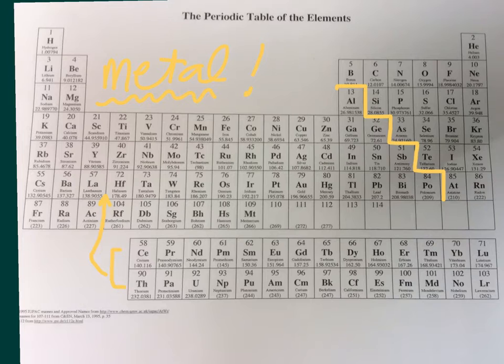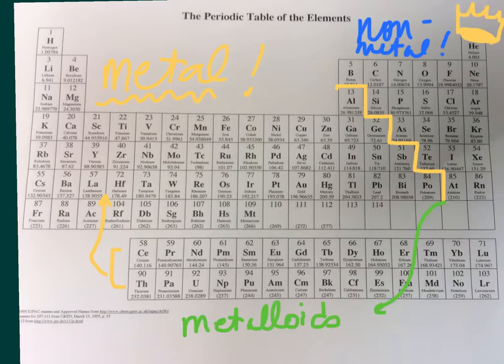And then, when you're done with that side of the stair-step line, go to the other side of the stair-step line and color in your nonmetals. Now that we have our metals, nonmetals, noble gases, and metalloids, I'm going to flip to a clean periodic table, but you can keep writing on the one you're writing on.